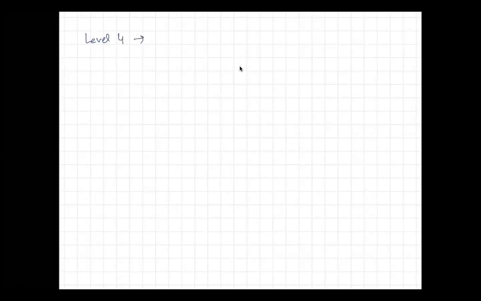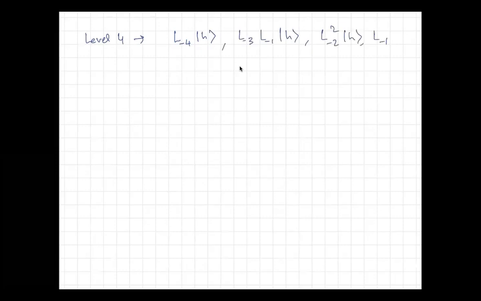And so, for example, as I said, you could have L minus 4 acting on H. You could have L minus 3, L minus 1 acting on H. You could have L minus 2 squared acting on H. You could have L minus 1 squared, L minus 2 acting on H. And you could have L minus 1 to the fourth acting on H.